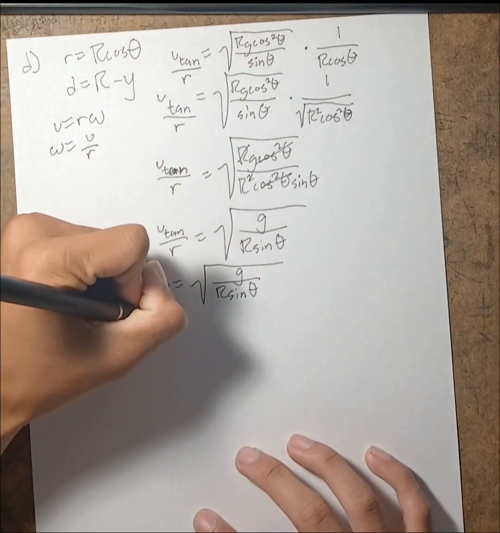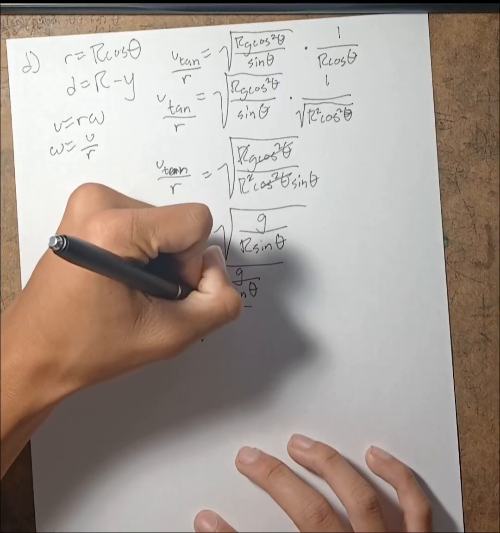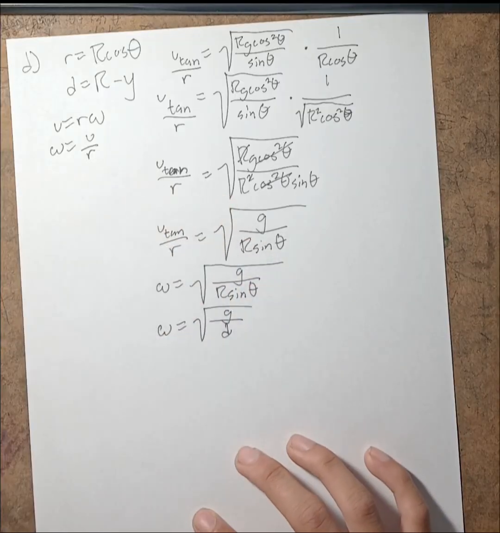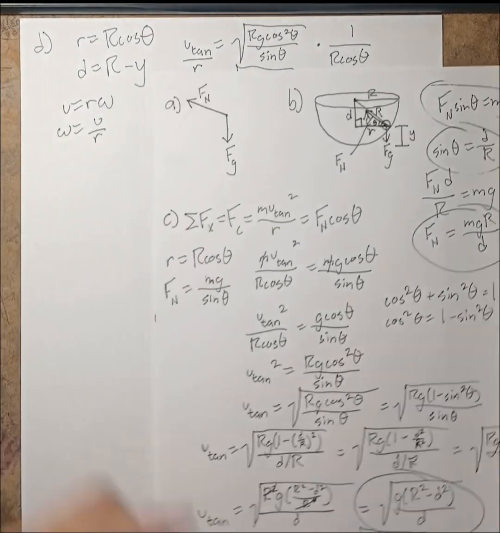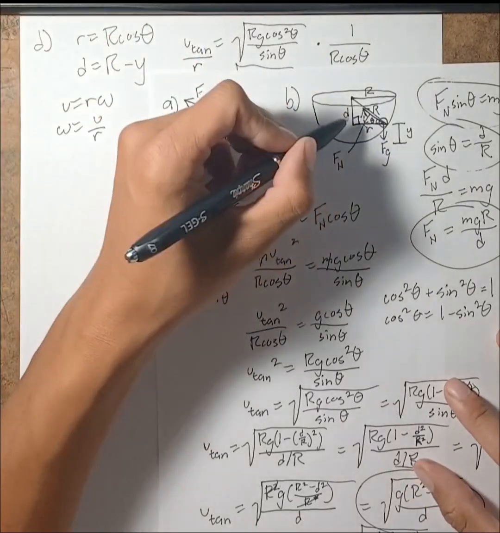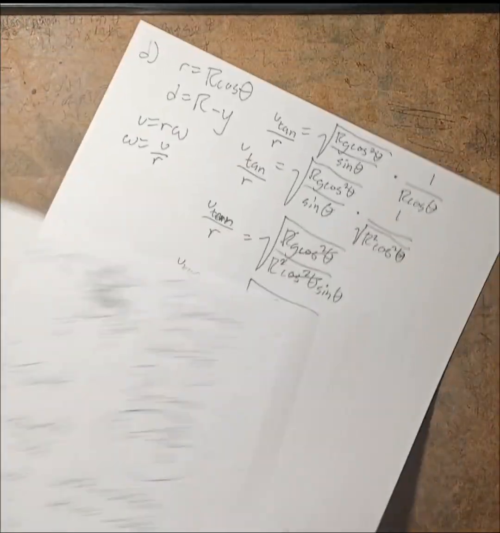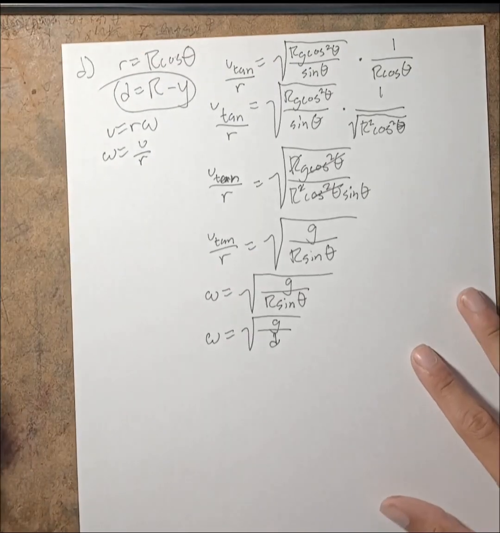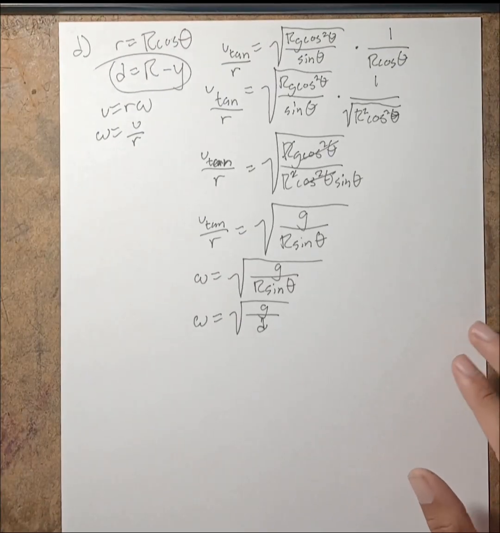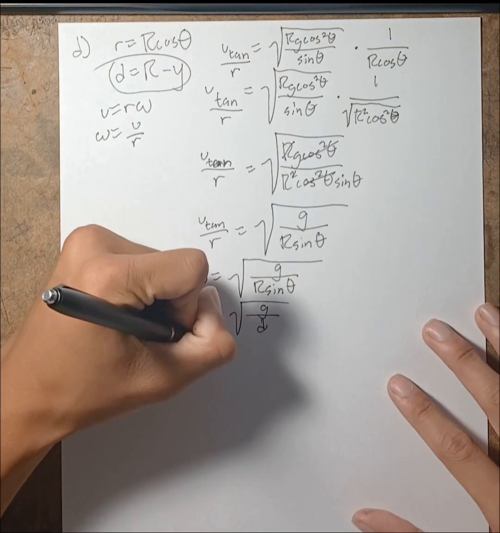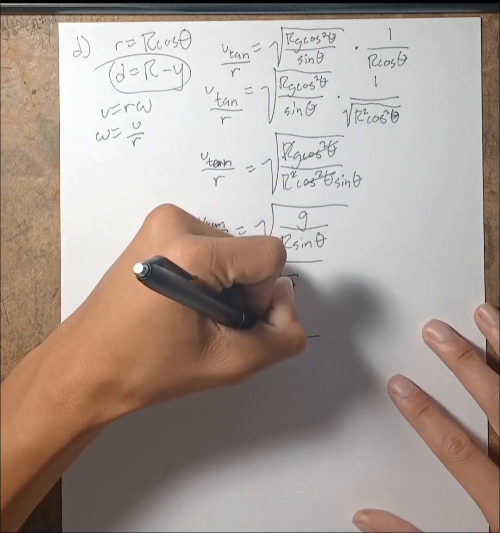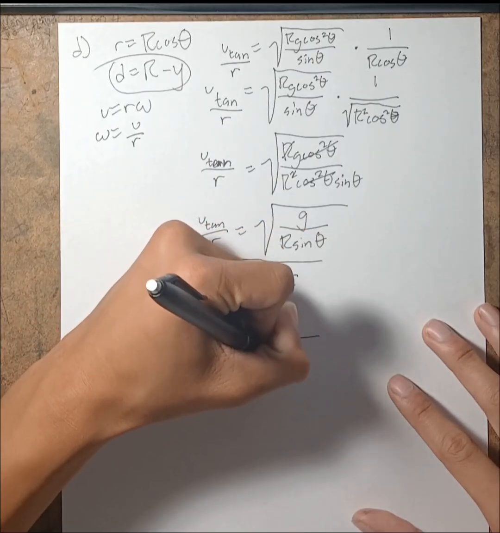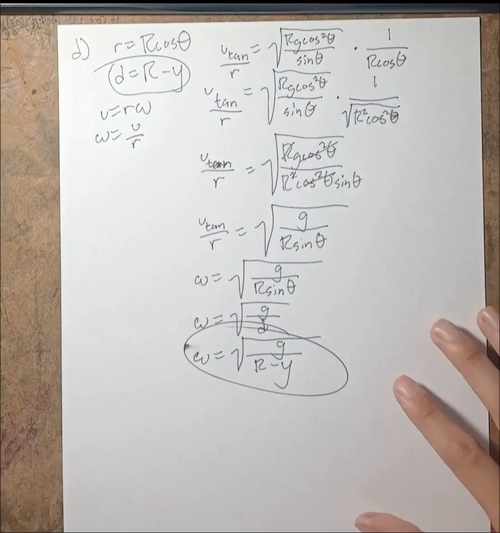So we can make that substitution, square root of g over d, like that, because again, opposite of the angle, so it's sine theta. And we know from here that d equals big R minus y, and so we can make that substitution. So omega equals the square root of g over big R minus y, like that.